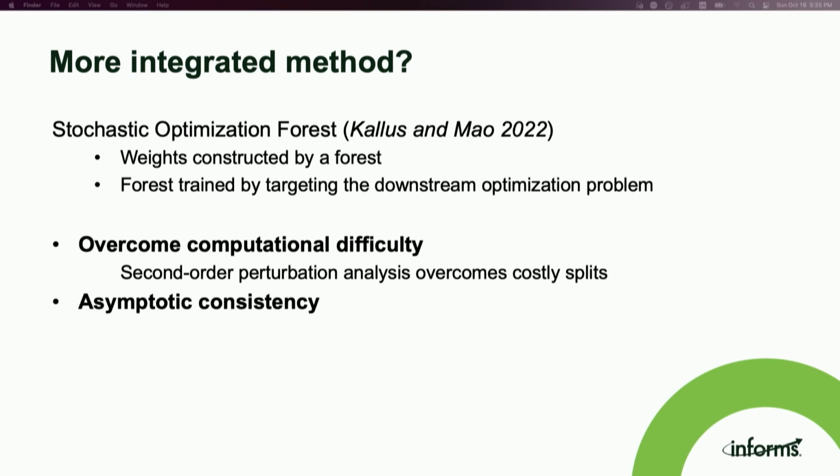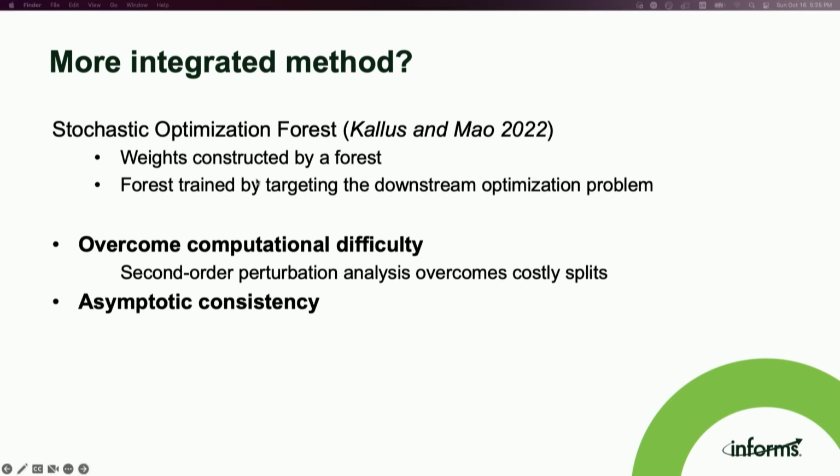Note that in the previous slides, the weights are constructed by machine learning models that are trained for the prediction purpose. While training these machine learning models, you are only targeting the prediction, and you construct the weights using such machine learning methods, and you use these weights to help you in the optimization stage.